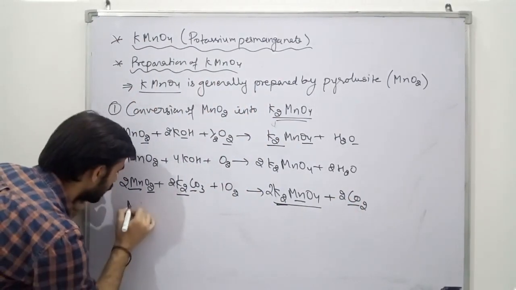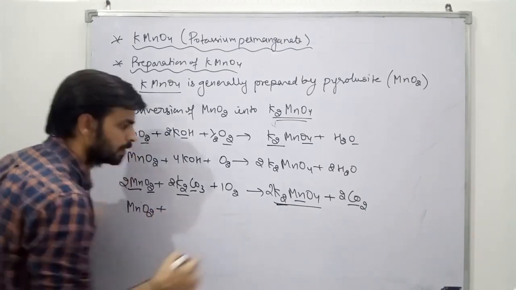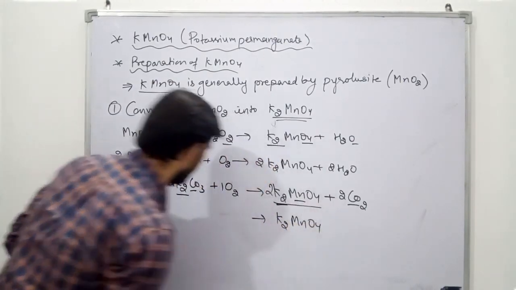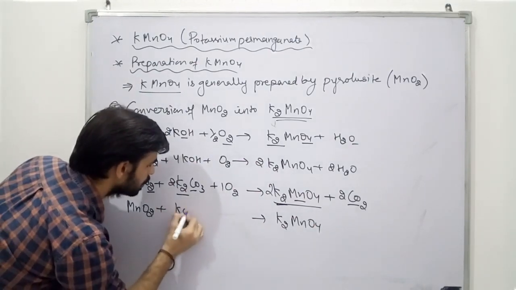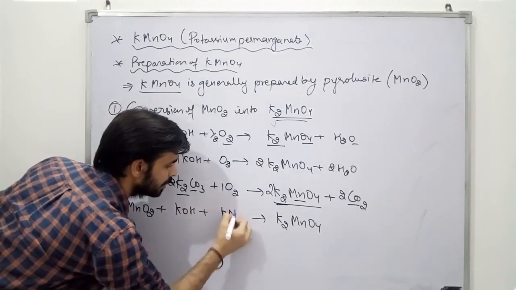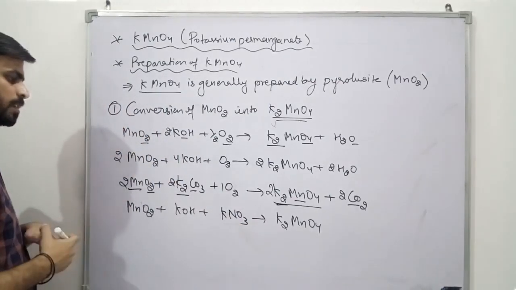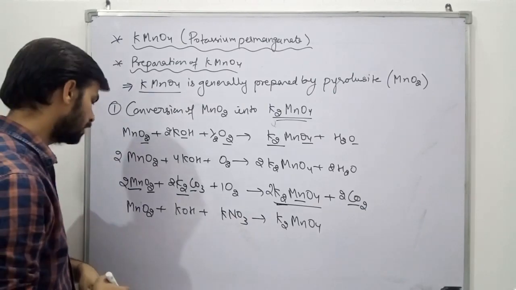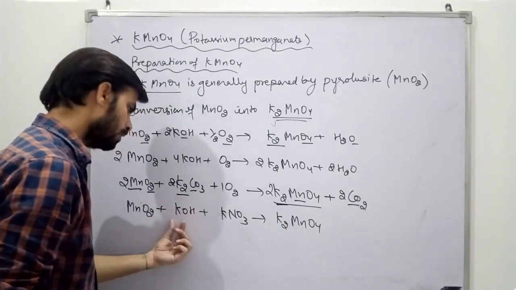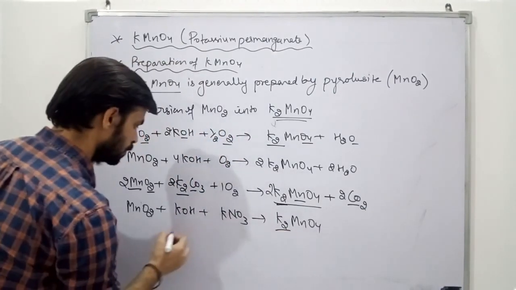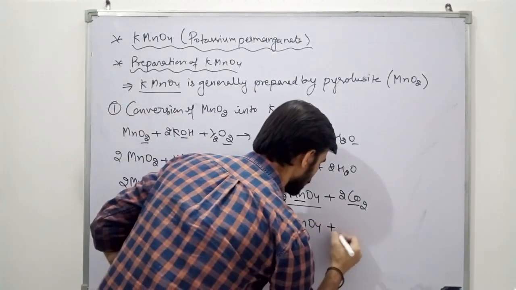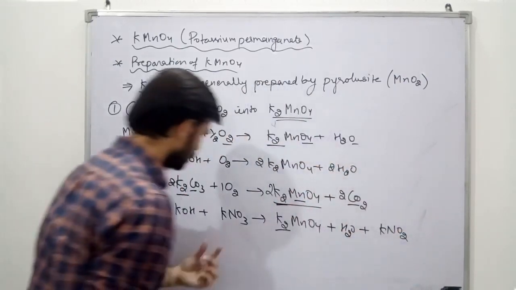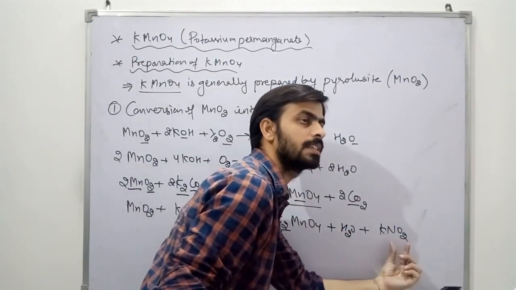We can also convert manganese oxide into potassium manganate using KOH and potassium nitrate. Potassium nitrate is converted into potassium nitrite, along with K2MnO4 and H2O.